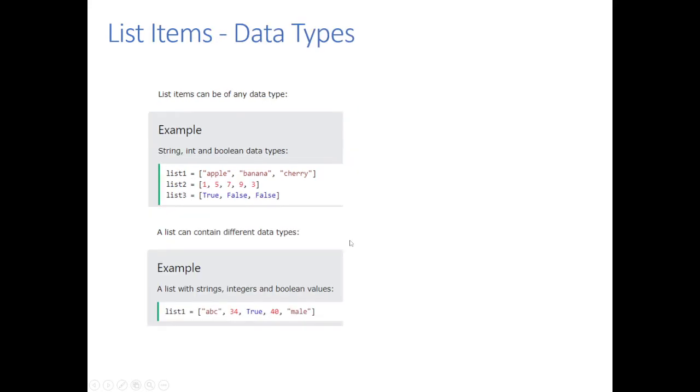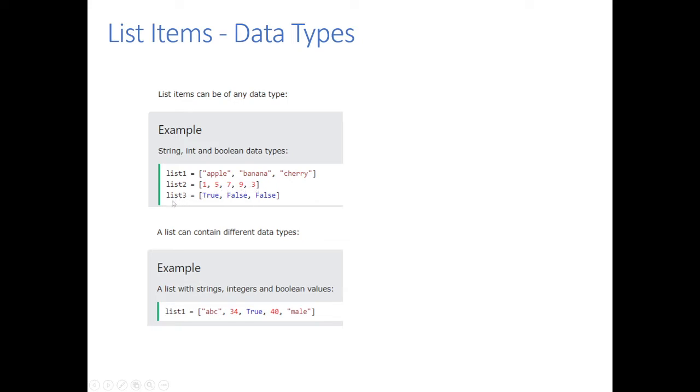List item data types. A list item can be of any data type. Here are some examples. In the first example, we have a list composed of strings: apple, banana, cherry. On the second list, we have a list composed of integer items.